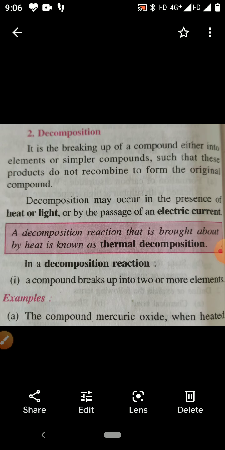So in the decomposition reaction, a compound is going to break into two or more substances.